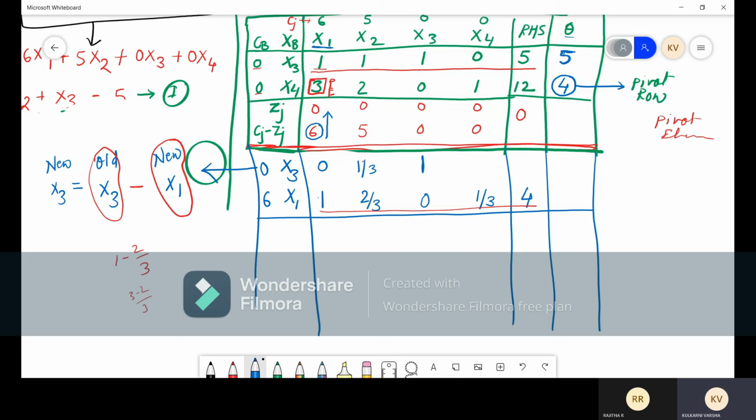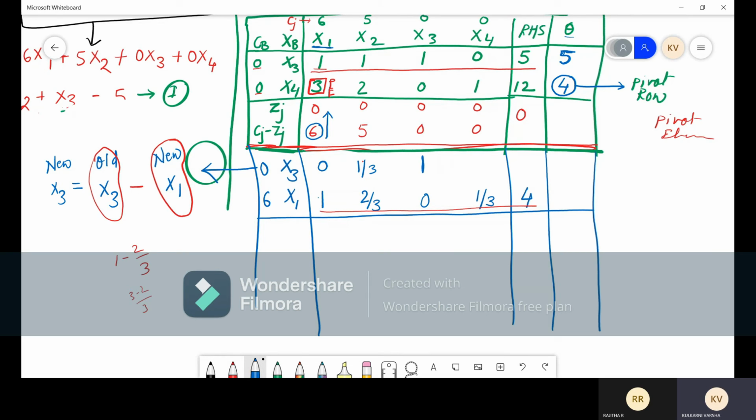All such kind of calculations you should do on the rough side, the back side of your answer script, or always keep one rough page and one page to solve this simplex method. This complete simplex method, one complete table, we should have on one page and one page for rough work.